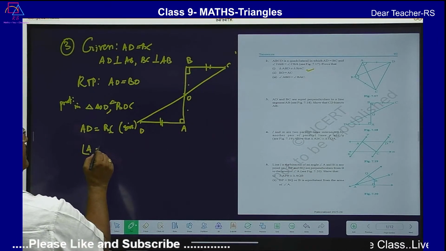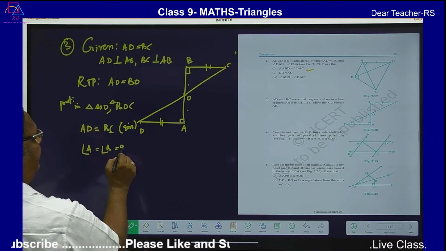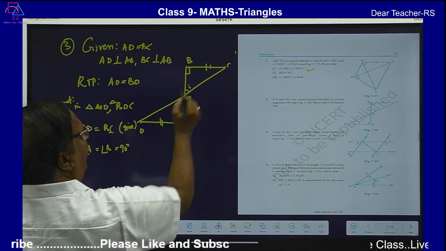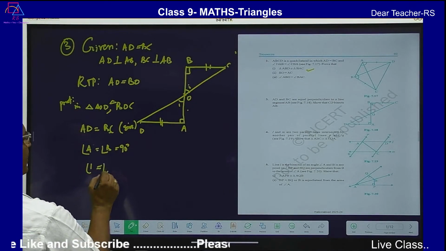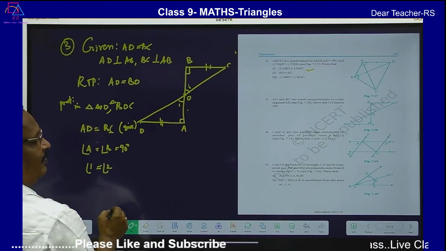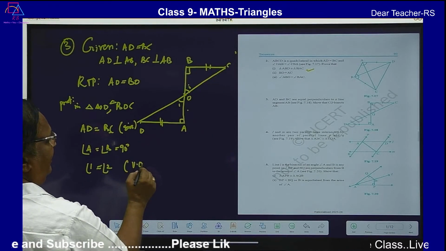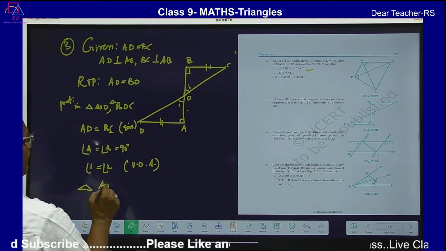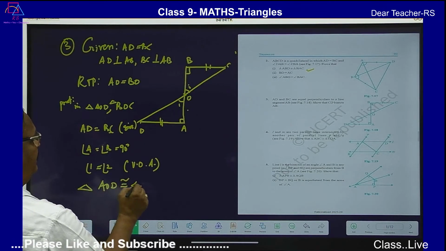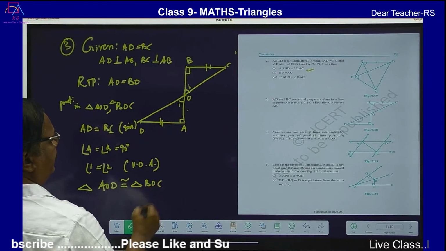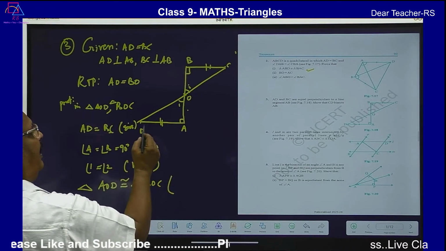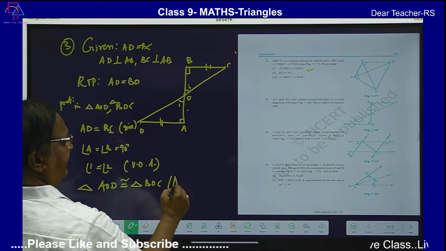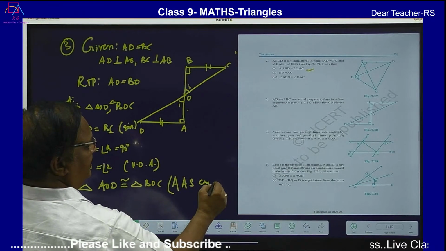Angle A is equal to angle B is equal to 90 degrees, and angle 1 is equal to angle 2, vertically opposite angles. Therefore, triangle AOD is congruent to triangle BOC by angle angle side, AAS congruency rule.